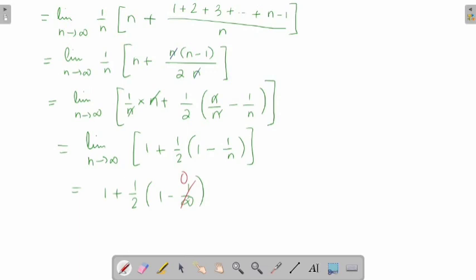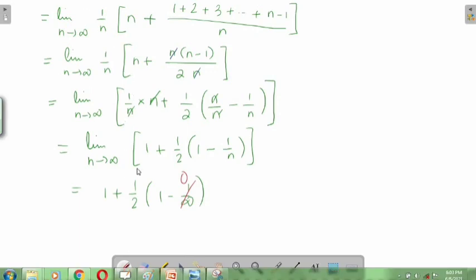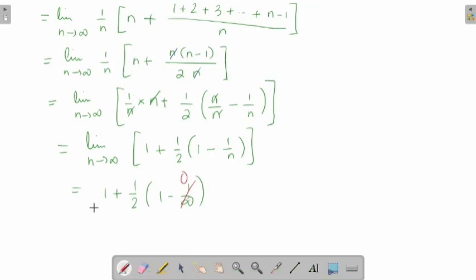So this is equal to 1 plus 1 by 2 into (1 minus 0), which is 1 plus 1 by 2 into 1. So this becomes 1 plus 1 by 2, which is 3 by 2. Initially we had checked that our answer should turn out to be 3 by 2, and we saw that our answer is 3 by 2.